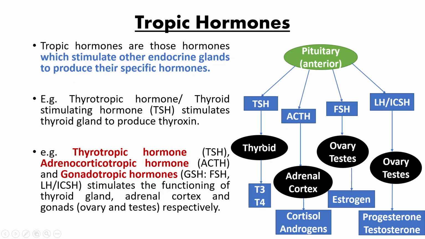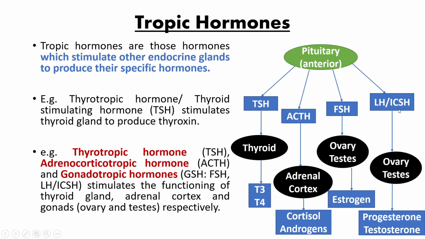TSH acts on another endocrine gland, the thyroid gland, and regulates the secretion of T3 and T4 from there. So you can say that TSH is a tropic hormone. Similarly, ACTH acts on the adrenal cortex and regulates the secretion of cortisol and androgens from adrenal cortical cells.